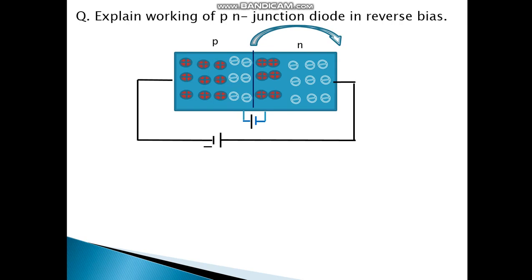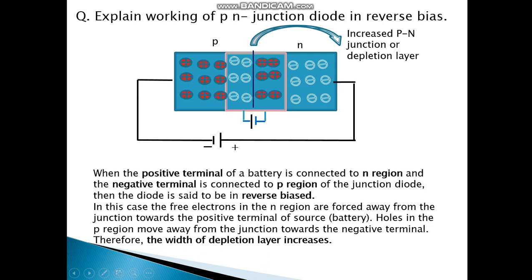Now let us see what happens when a PN junction diode is reverse biased. That is, the positive terminal is connected to the N side and the negative to the P side. So there is an increase in the depletion layer. When the positive terminal of a battery is connected to the N region and the negative terminal is connected to the P region of a junction diode, then the diode is said to be reverse biased. The free electrons in the N region are forced away from the junction towards the positive terminal of the source. Holes in the P region move away from the junction towards the negative terminal.